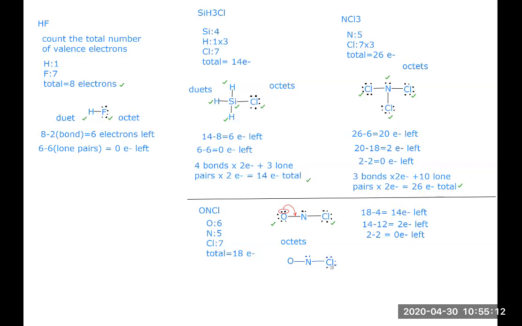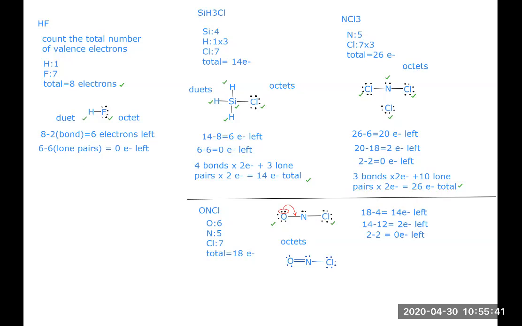So oxygen will have 2 lone pairs left, only out of 3. And that lone pair here will now form a double bond with nitrogen. Okay, so that's what it becomes after they share, the oxygen shares its lone pair.